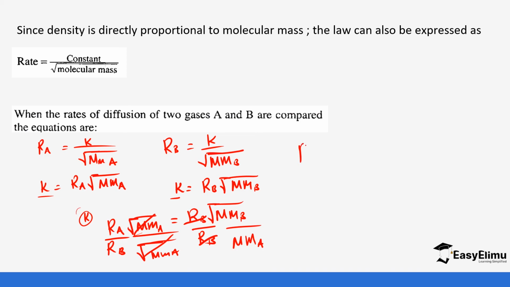We end up having the rate of A over the rate of B is equal to the square root of the molecular mass of B over the molecular mass of A.